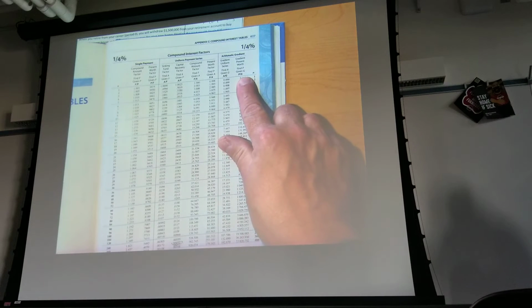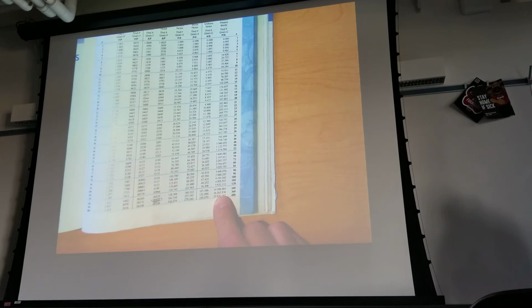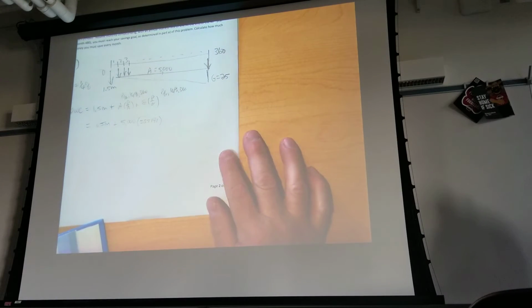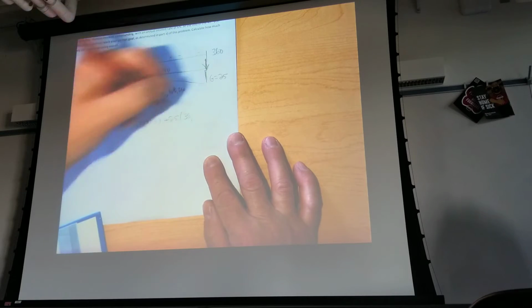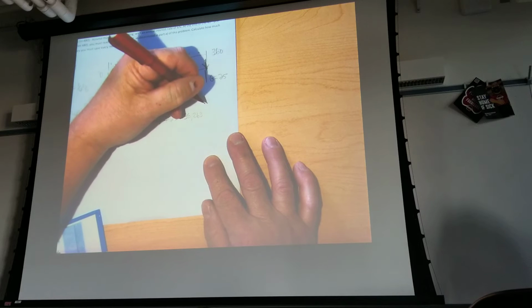So 1/4% P over G 360 is 36,000. That's pretty good. 263.93. $36,263.93.